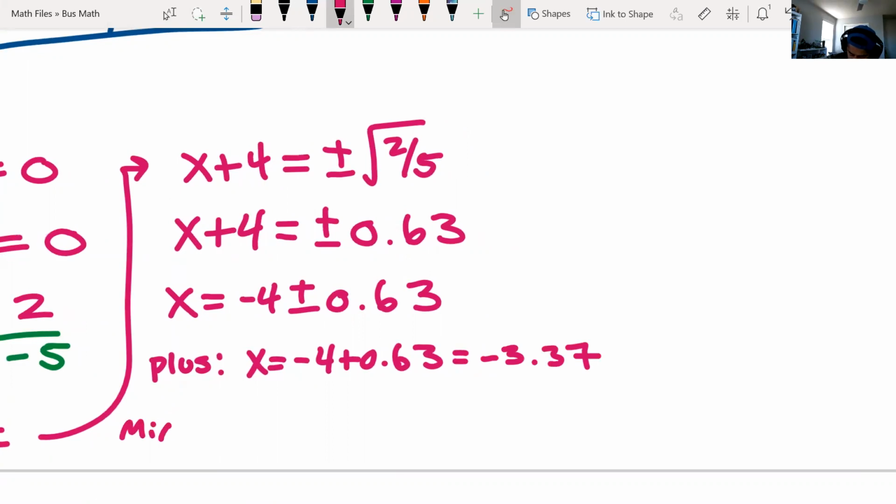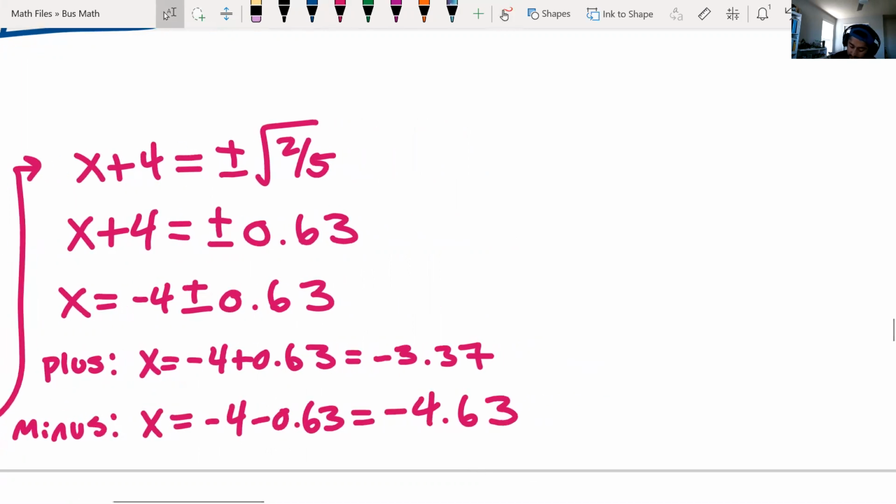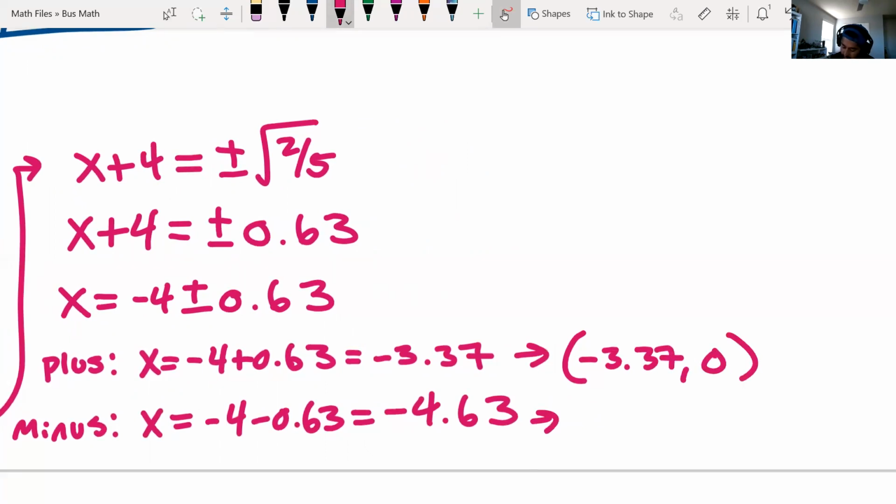And then minus route, x equals -4 minus 0.63, I get -4.63. Okay. Here's my x-intercepts, (-3.37, 0) and (-4.63, 0).